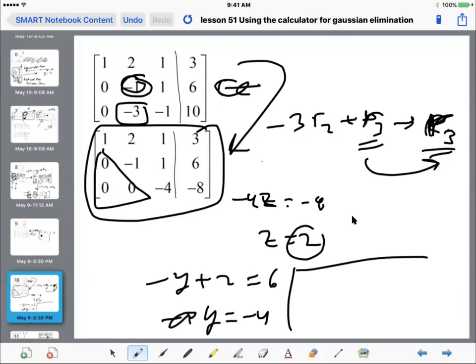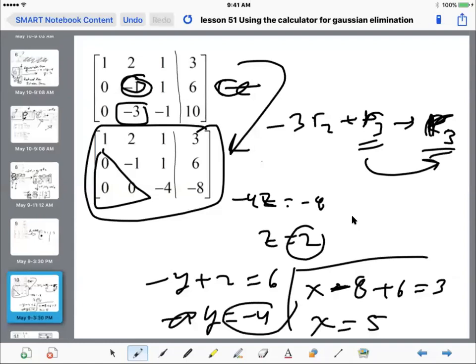And the top equation is x plus 2y, which we already know is equal to -8, plus z is equal to 3, or x equals that right? I feel like I made a mistake there. Minus 8, 5. So 5, negative 4, 2.